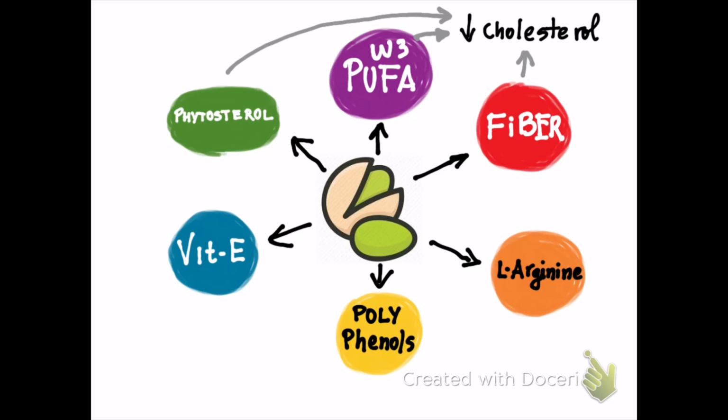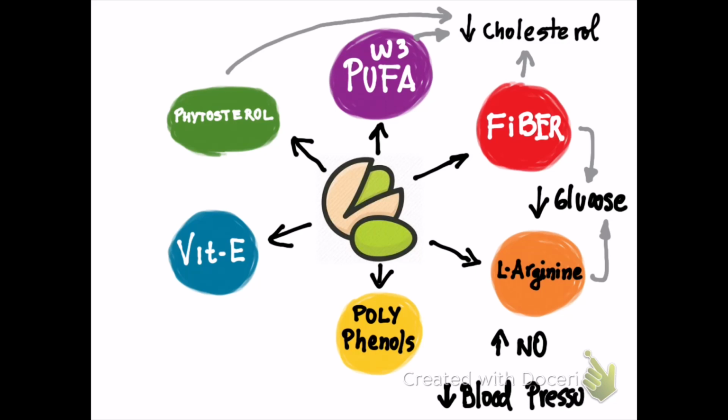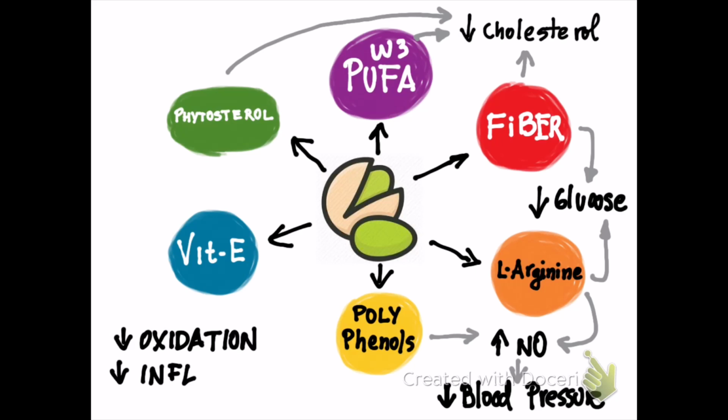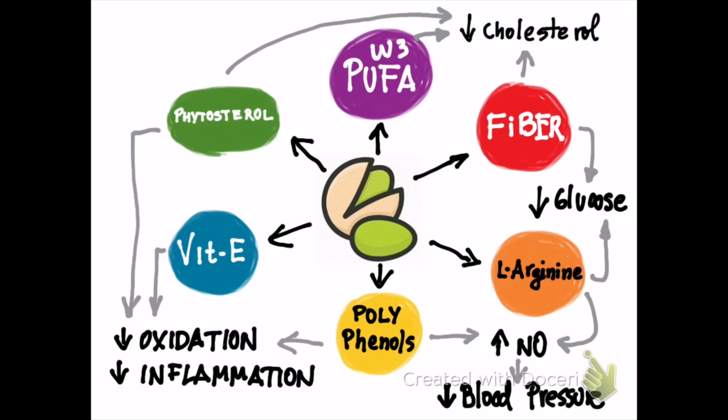They also contain a high fiber content that regulates blood glucose levels. The arginine content in these foods favors nitric oxide synthesis that decreases blood pressure. And finally, their high antioxidant content helps to reduce oxidation and inflammation.